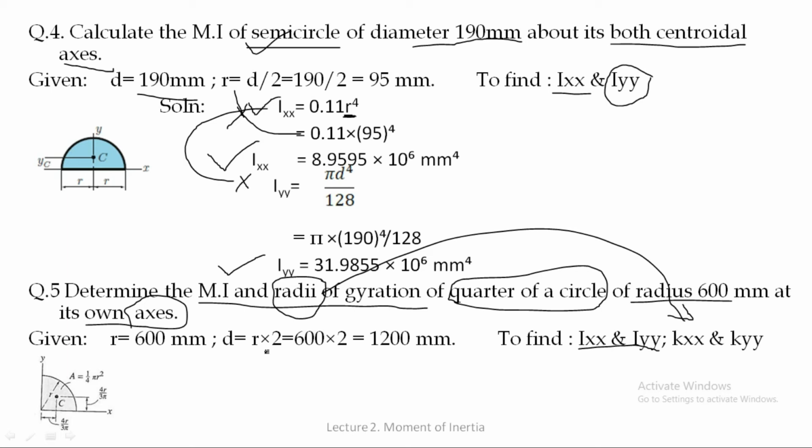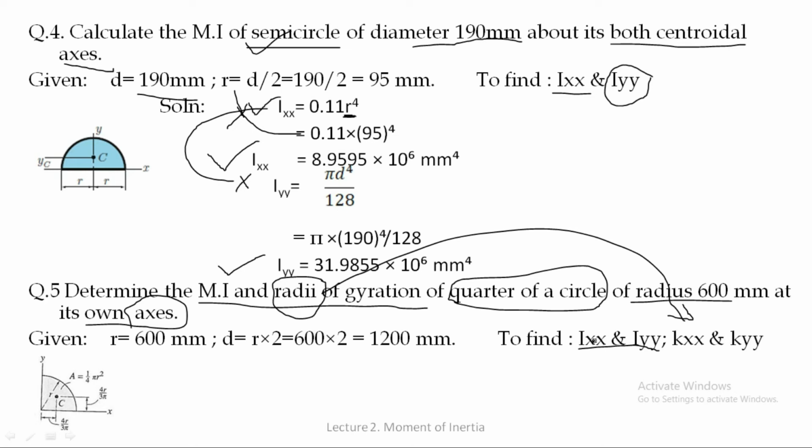Remember, diameter will be necessary when we have to find the area of the circle. Why we need to find the area, we will learn in the course of time. Now, when radius is 600 mm, diameter is double the radius, so r into 2 gives us 1200 mm.